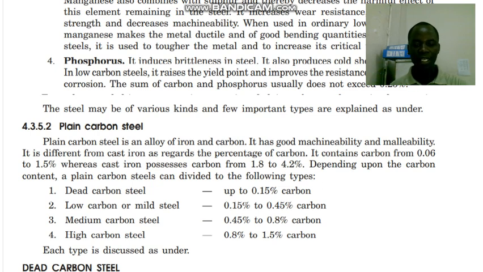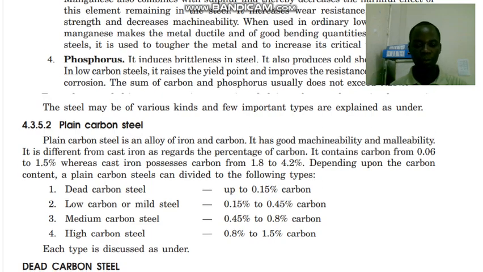Then we have medium carbon steel, which has 0.45% to 0.8% of carbon. Then lastly, we have high carbon steel, which has 0.8% to 1.5% of carbon.